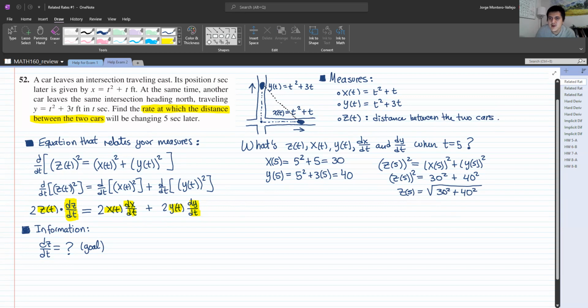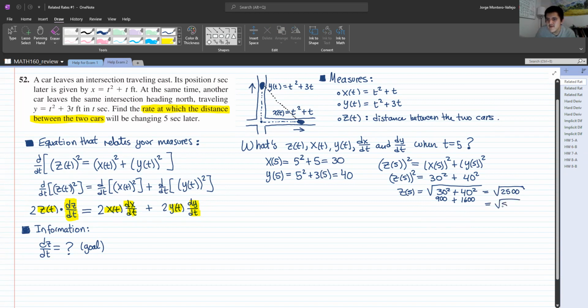30 squared, that's 900, right? And 40 squared, that's 1600. These two things being added, you get 2,500, right? So the square root of 2,500. But 2,500 is the same as 50 squared, right?